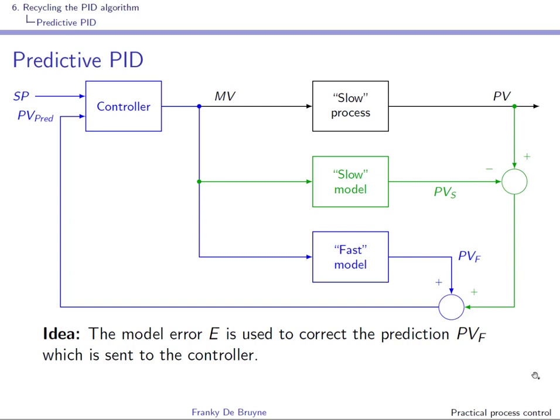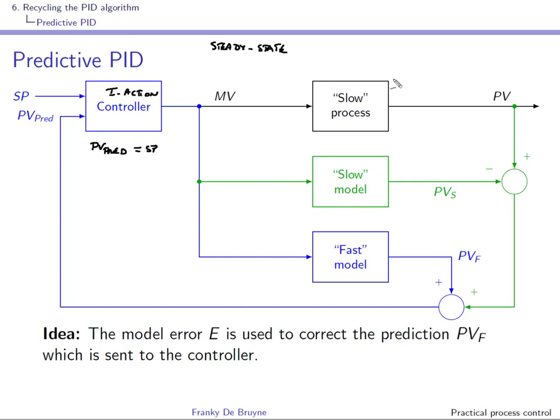Well, assuming that we have a stable closed loop, we can show that in steady state PV will be going to set point. So here again, we'll assume that we have integral action, right? So in steady state, we will have that, well, the predicted PV is equal to the set point, right?